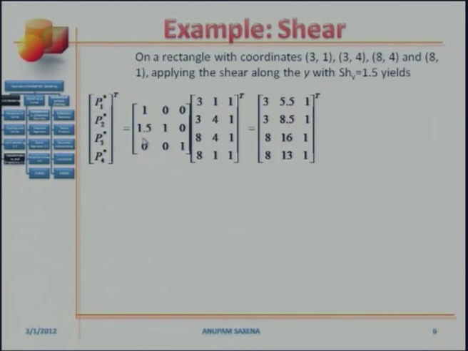Note that this is the shearing factor that appears over here, and this common shearing matrix will be pre-multiplying the original coordinates. The results are 3 5.5, 3 8.5, 8 16, and 8 13. The new coordinates after shear transformation along the y direction is performed.